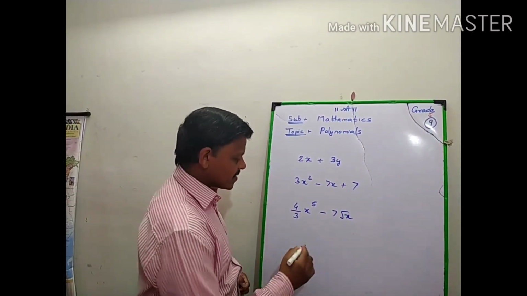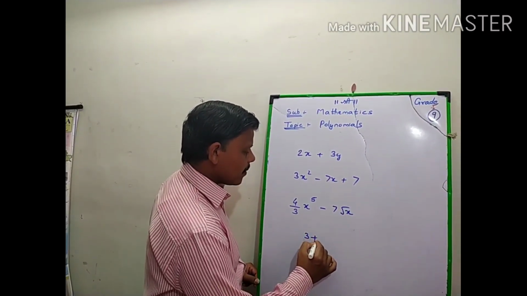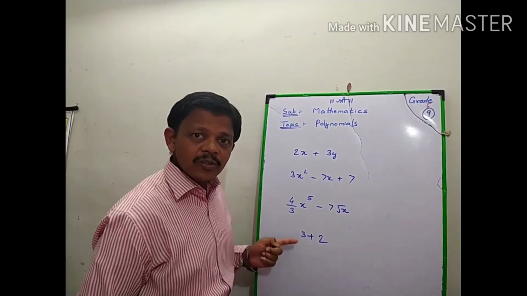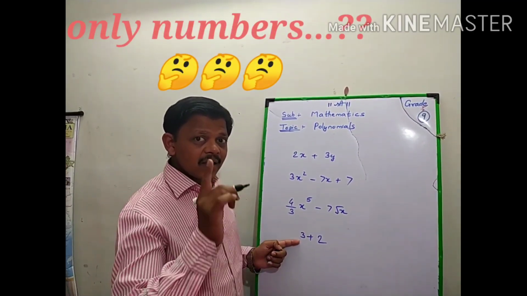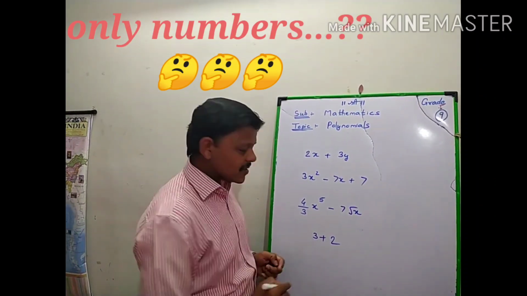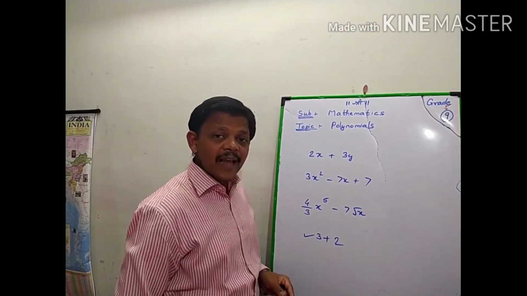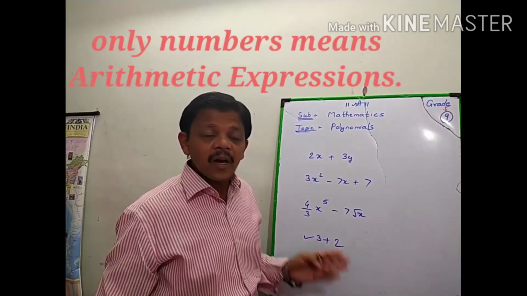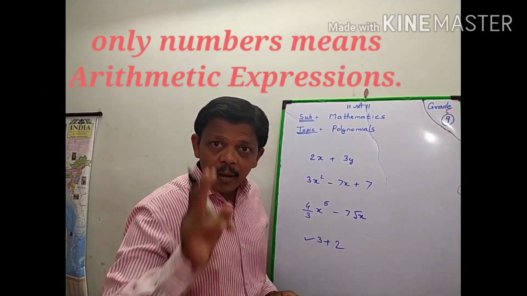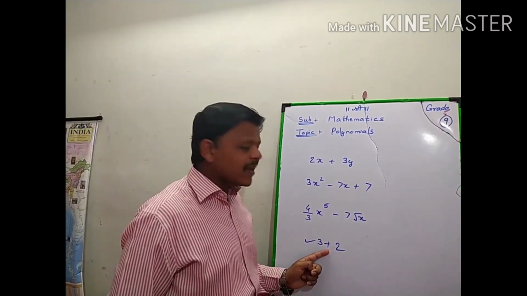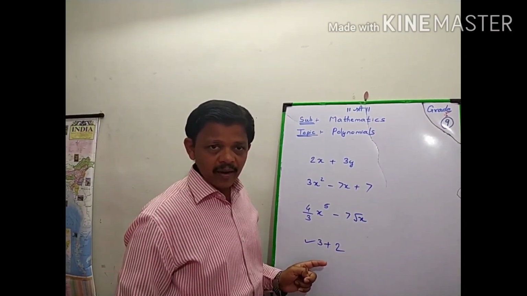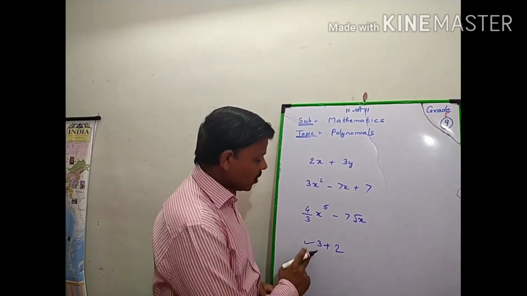Now, if I write this 3 plus 2, what was this? Do you remember what this was? We called it, last year while learning algebraic expressions, an arithmetic expression, because it contains only numbers and the arithmetic operators, that is plus or minus sign along with multiply and divide, but only numbers.